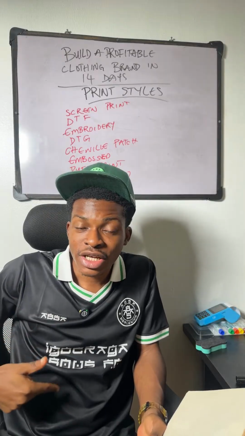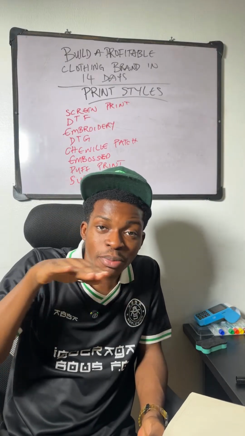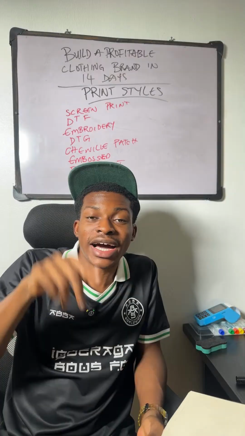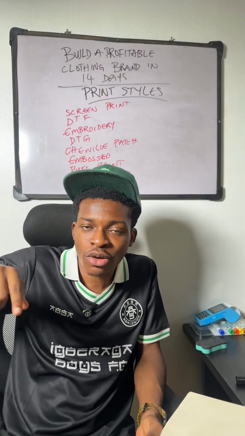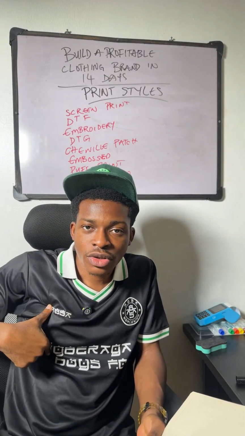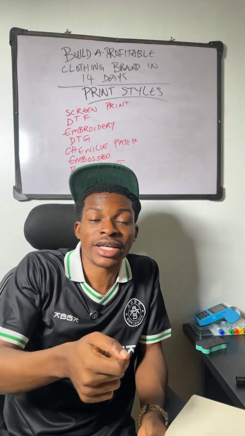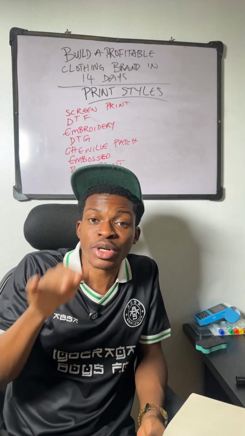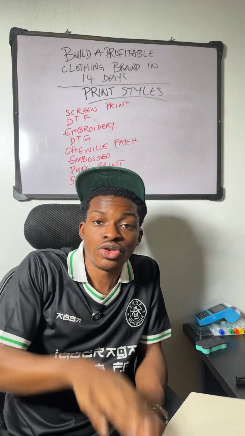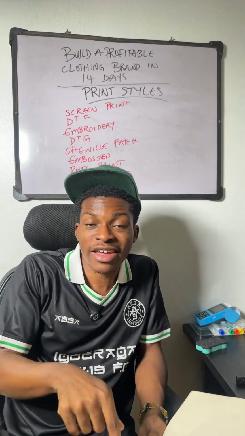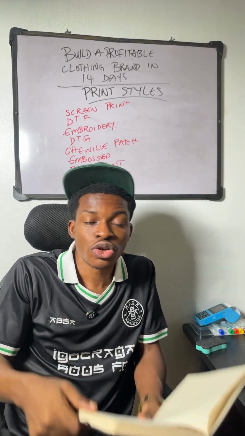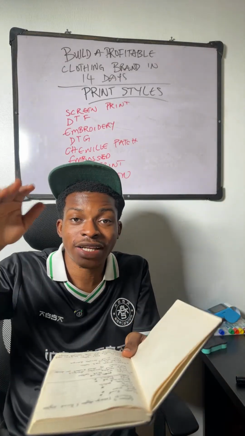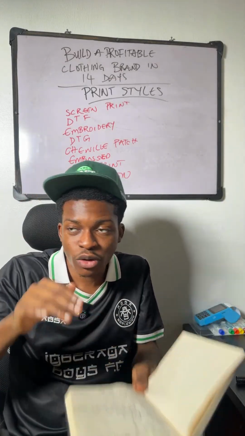While DTG, they put the shirts inside a printer and the printer prints directly on top of the shirts. So, you know, like the way you put A4 paper inside a printer and the printer will print your document on top of that A4 paper, it is basically the same thing. You put the shirt inside the printer and the printer prints your design on top of the shirt.